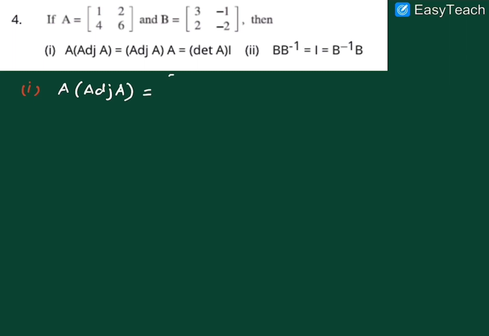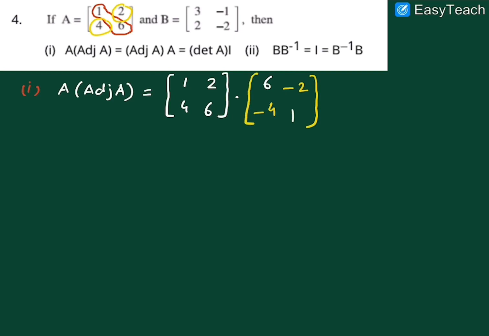So A is, here we have 1, 2, 4 and 6. What is adjoint of A? Adjoint of A will be 6, 1. You need to interchange the position of the diagonal elements, these, and change the sign of other elements. So this will become minus 2 and minus 4.